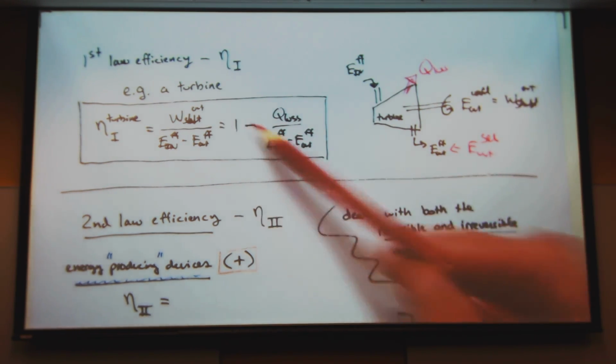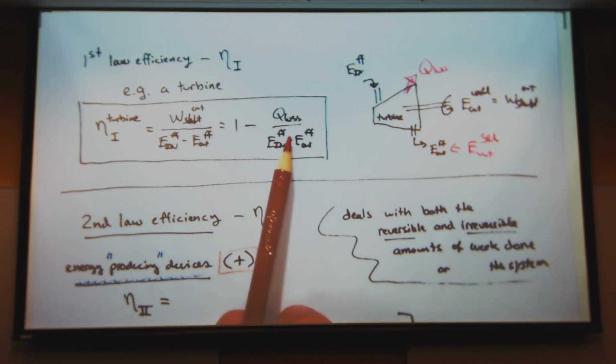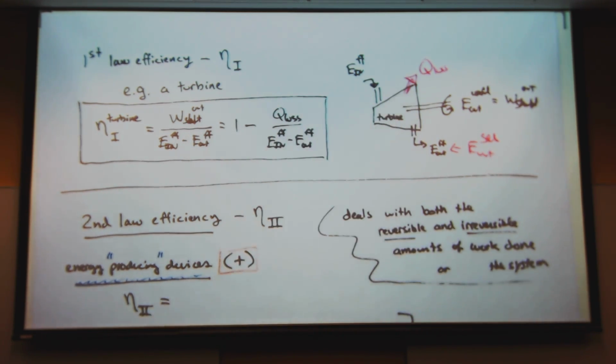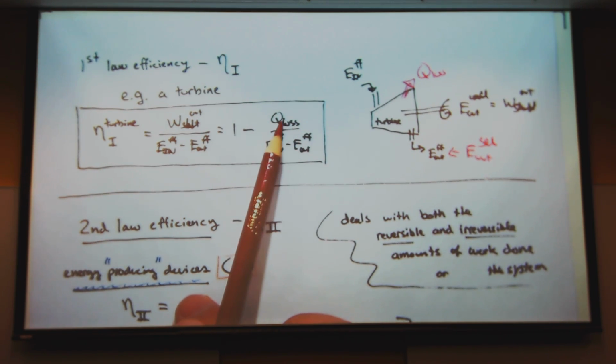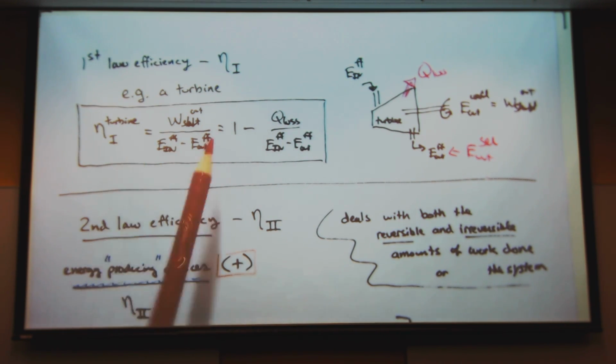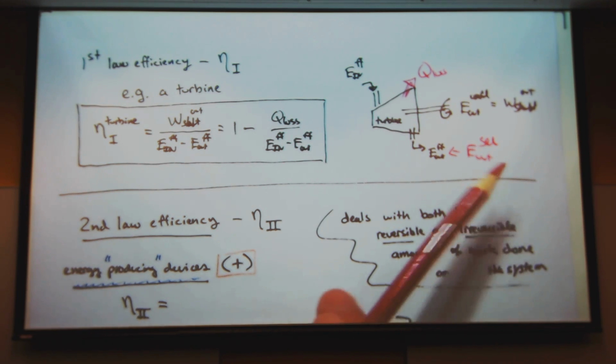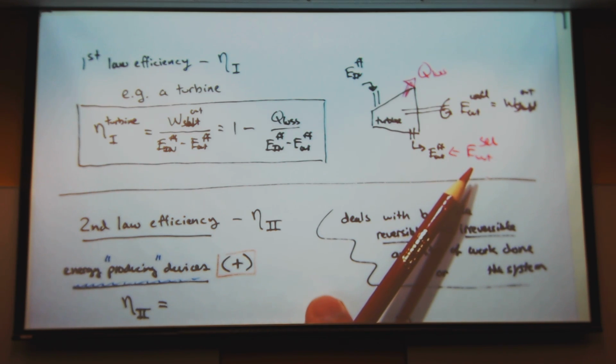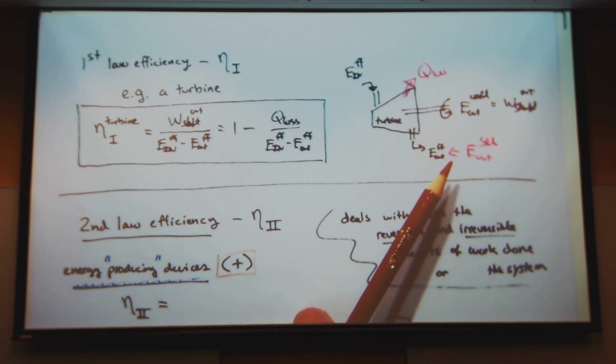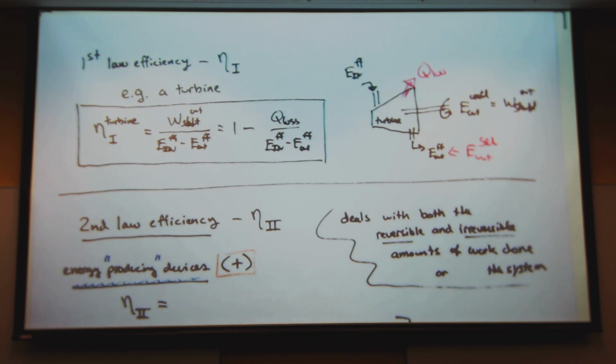So, just by inspection, another way to do this. If I said that there was no irreversible heat generated in this turbine, the first law of efficiency, this Q loss would be 0, right? Which means that the turbine would be 100% efficient. But I still have some energy out. I didn't convert all the energy. So we're going to say that 80% of that energy input we're going to do something with, and we're going to say our efficiency relative to that.